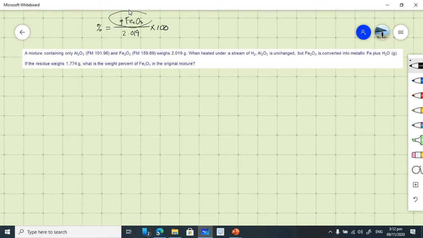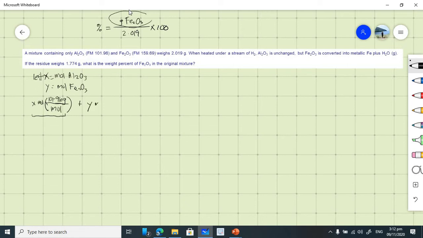So if we let X be the moles of Al2O3, and Y be the moles of ferric oxide present in the mixture, then X mole times the molar mass, that's 101.96 grams per mole. So this is mass. This will give you the mass of Al2O3, right?